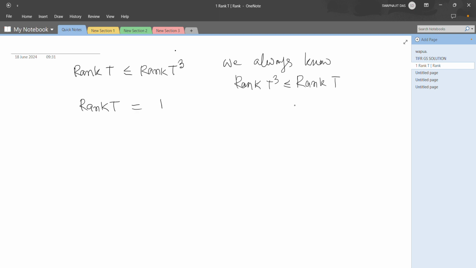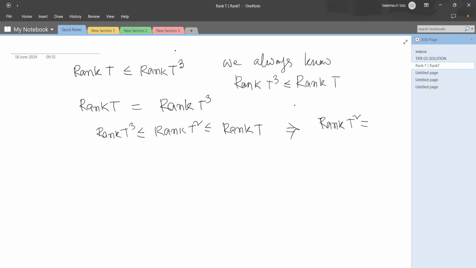Then from these two parts, you can say that rank of T equals rank of T cube, and again rank of T square is in between rank of T and rank of T cube. Then it will imply that rank of T square equals rank of T, right?